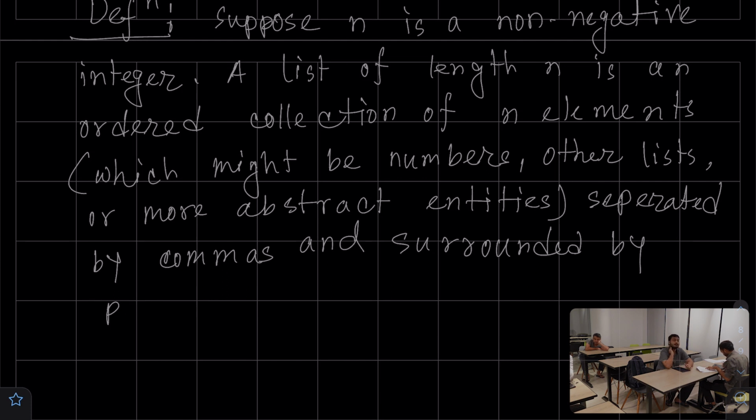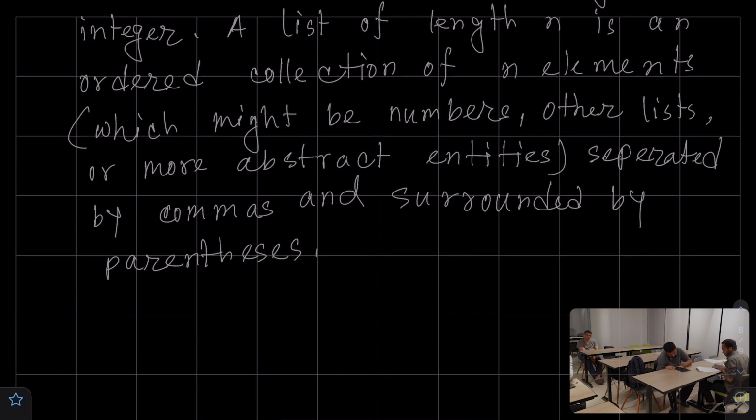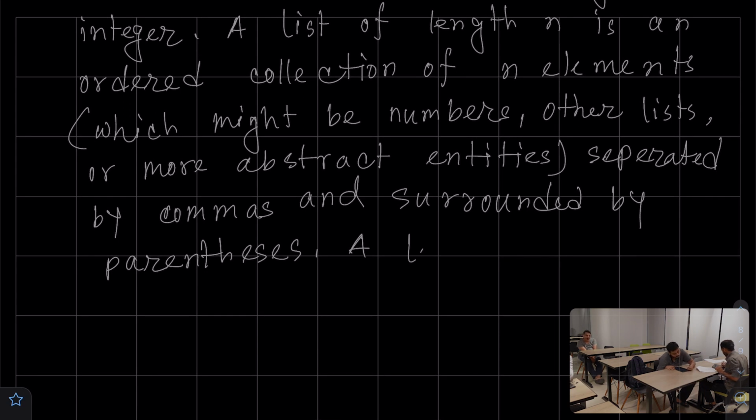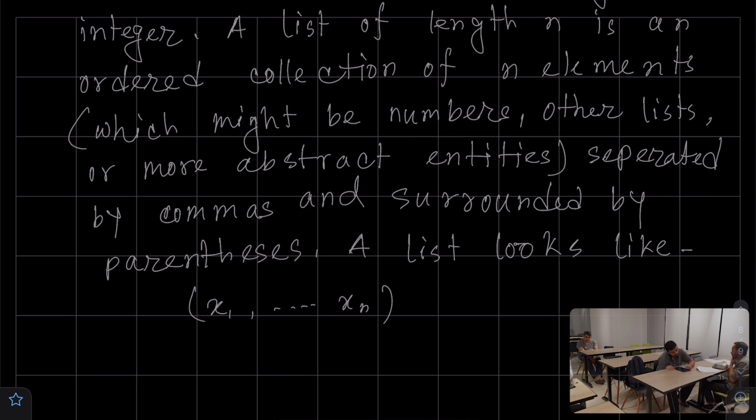So a list looks like (x1, x2, ..., xn). As you can see, even a list can consist of other lists as well.